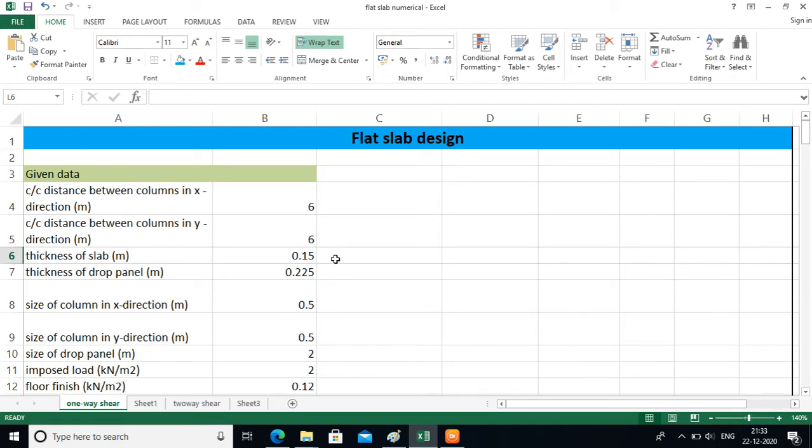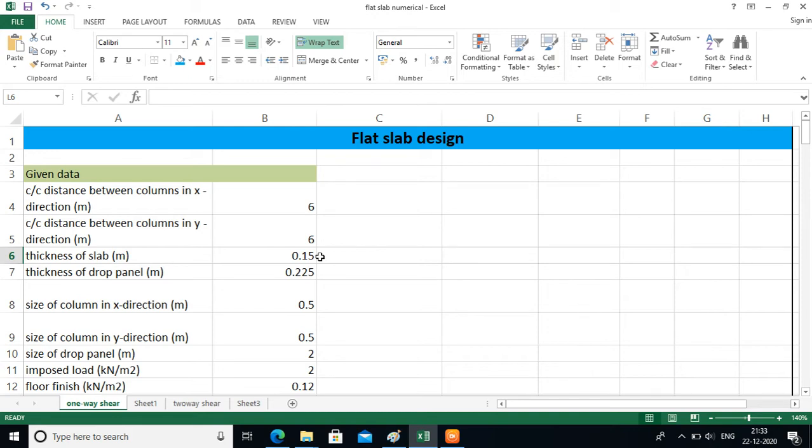The thickness of slab, directly I have taken as 150 mm. As per the requirement, the minimum thickness of flat slab should be 150 mm. That we discussed in the previous video. Also we have the formula to find out the thickness, that is span divided by 40, the empirical formula.